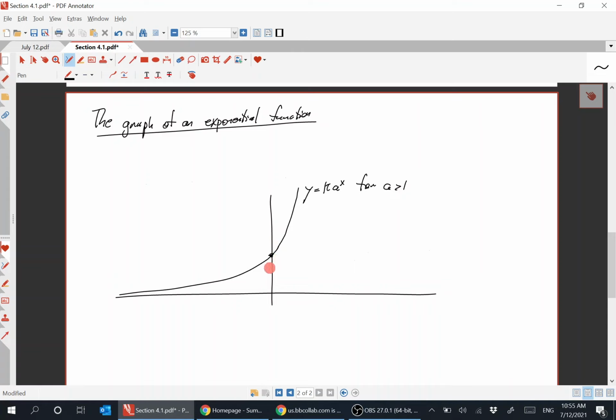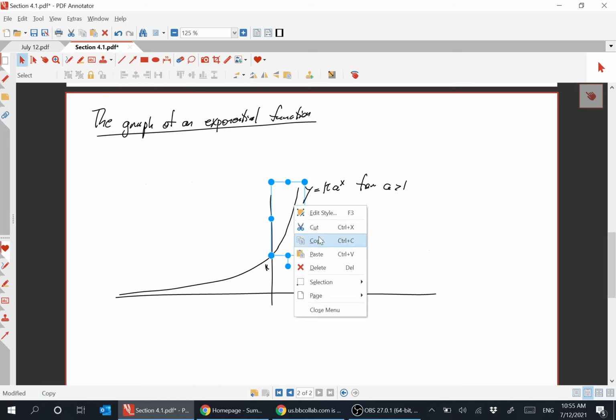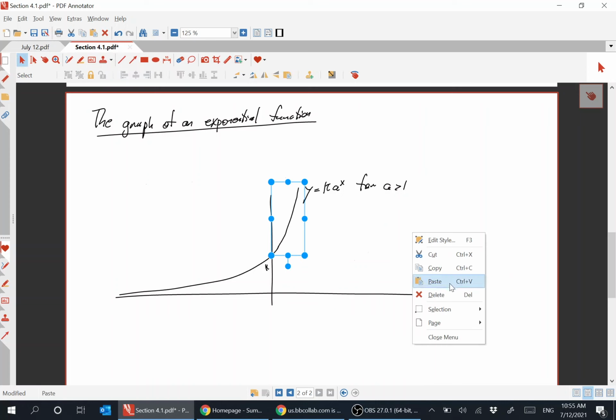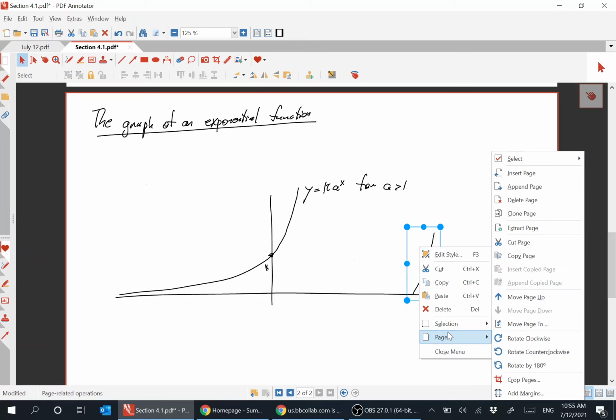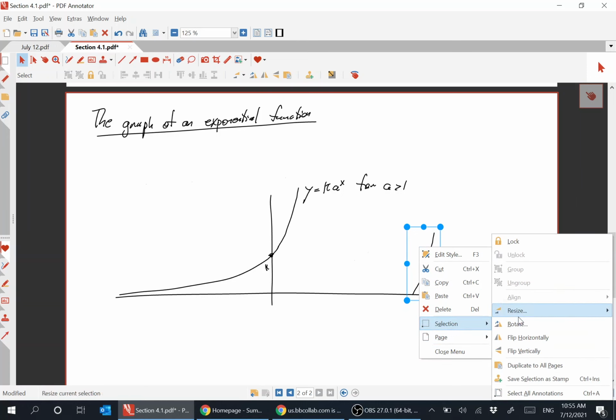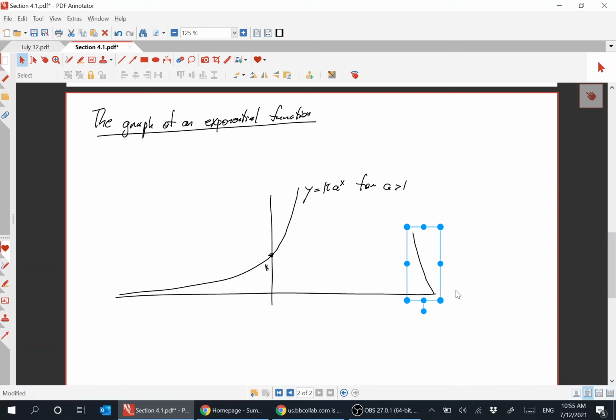For a less than 1, it looks the same, except it's reflected around the y-axis.